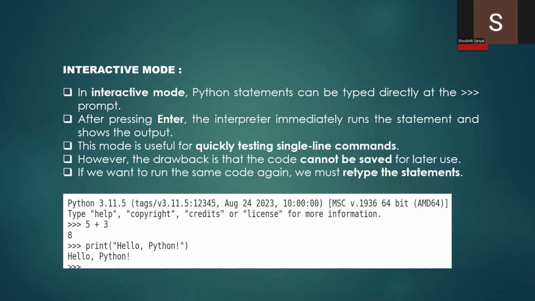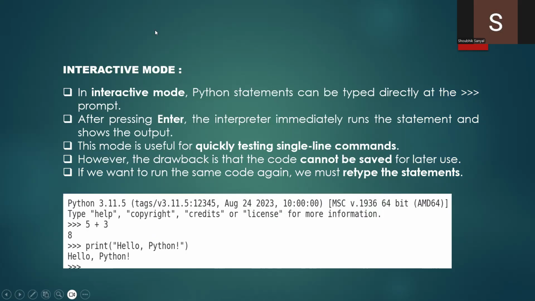Just see the screenshot I have attached below. You see that this is the prompt. Let's say we have calculated 5 plus 3, and once you hit enter on the keyboard, you will get 8. So this is interactive mode. In interactive mode, the white window that you get will contain this prompt.